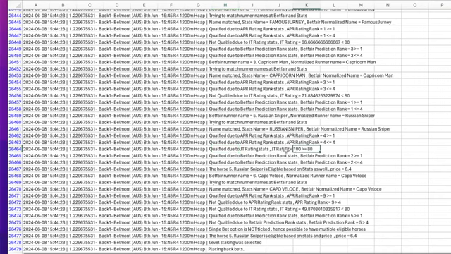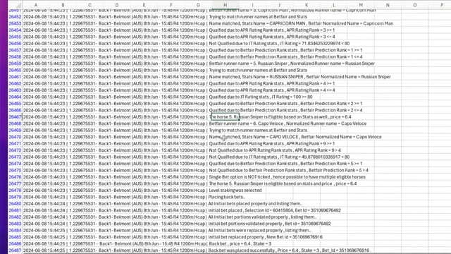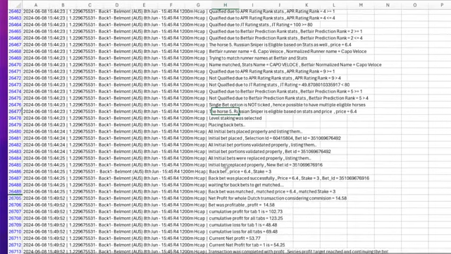Qualified on the JT ratings, 100% strike rate for that jockey trainer combo, apparently. Qualified on the Betfair prediction rankings. They had it coming second, so we know it's eligible. It checks the remaining horse as well. It was not qualified on the APR ratings. It was 9th, so not qualified on the JT ratings, not qualified on the Betfair ratings either. So I only have one qualified horse, so that's number 5, Russian Sniper.